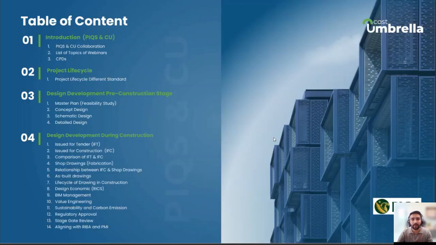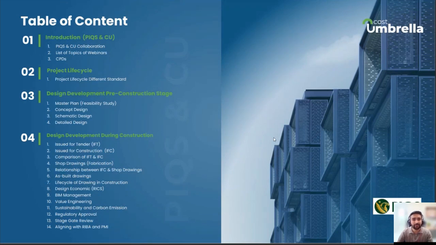First, we have pre-construction, and second, we have during construction. The pre-construction stage includes the master plan, concept designs, and detailed design, each progressively increasing the design's clarity, technical details, and coordination across disciplines. These stages align with global frameworks like RIBA and PMI to ensure structured progress and design maturity.